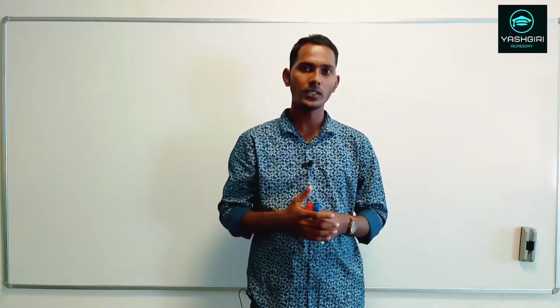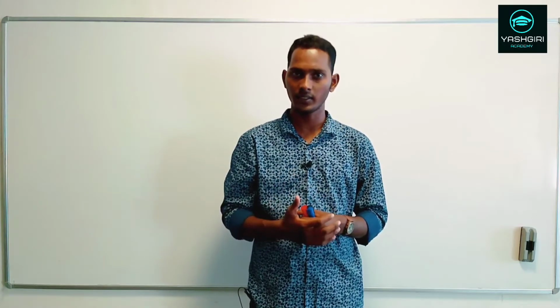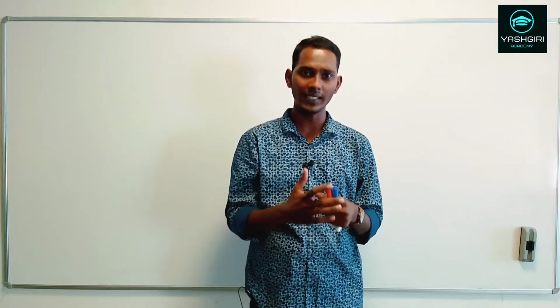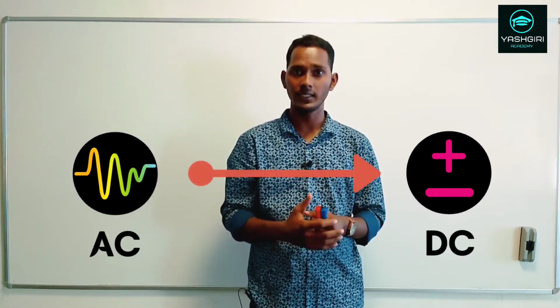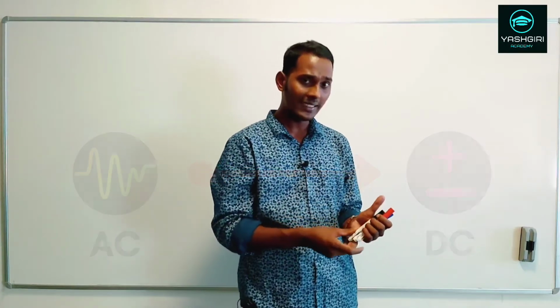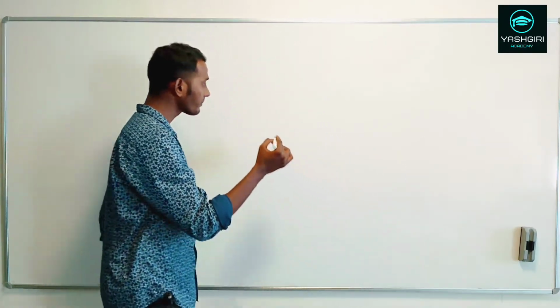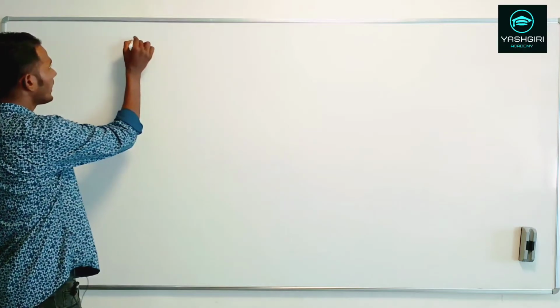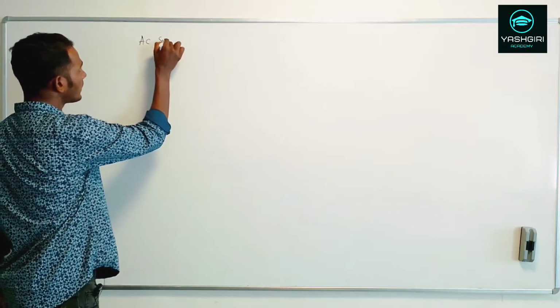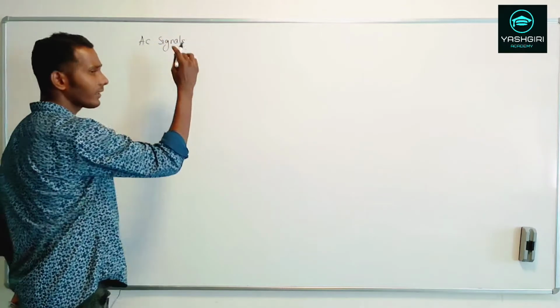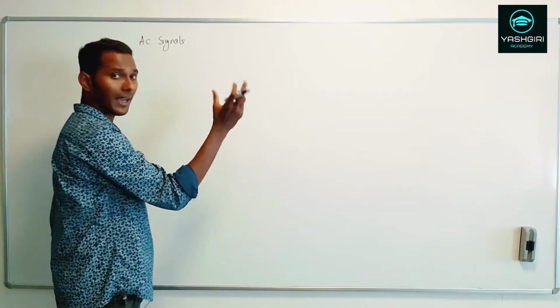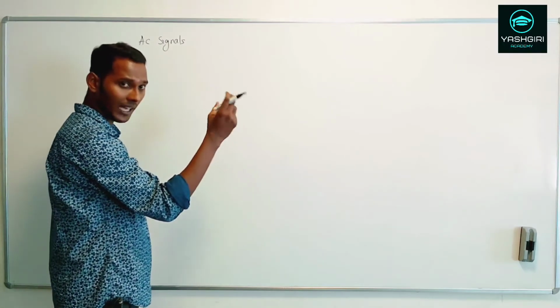Now the question is, why do we require a DC when we have AC signals, or else why convert ACs into DC signals? Now we know that AC signals oscillate back and forth, that is, they change their polarity.